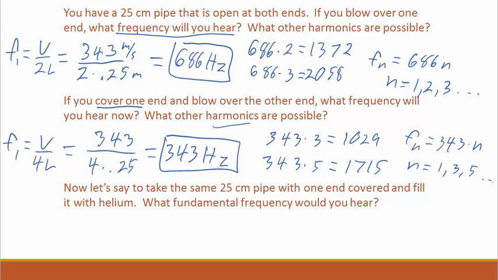Okay? Now if we decide we want to have a little fun and we're going to fill our pipe with helium, it is still covered on one end, and we want to know the fundamental frequency with helium. So if it is a closed pipe, we're still using V over 4L. The only thing that changes is the velocity of the sound. It's no longer 343.